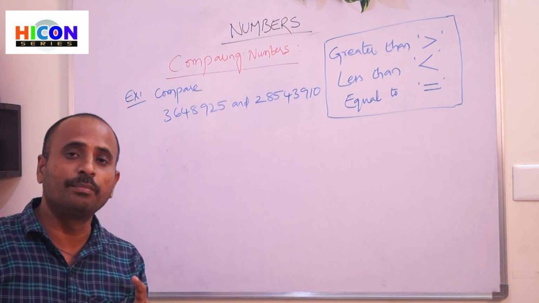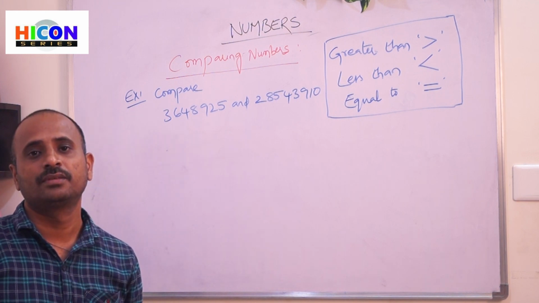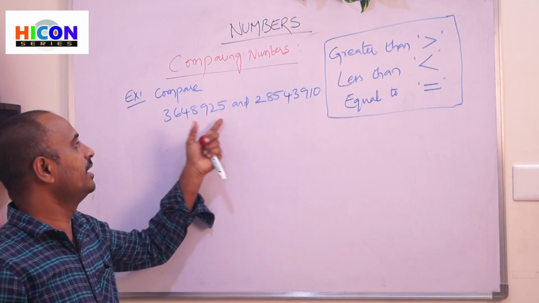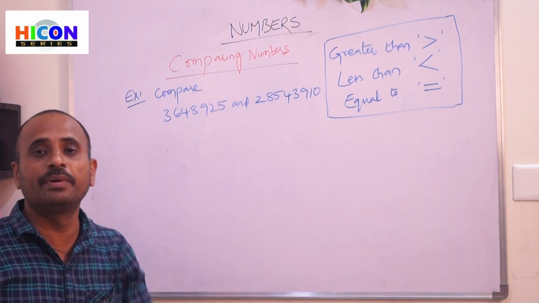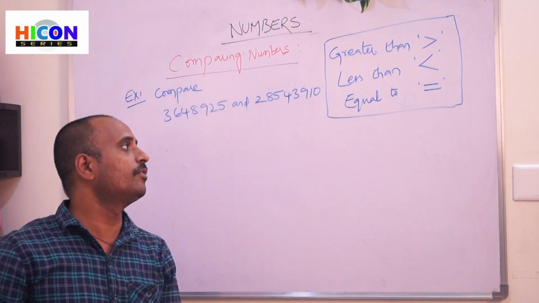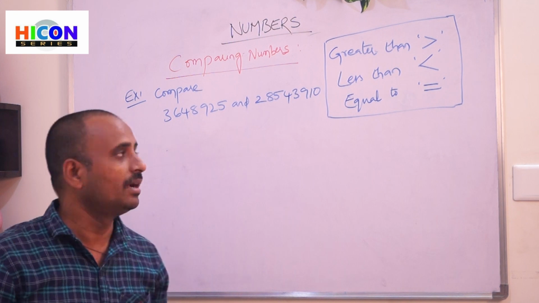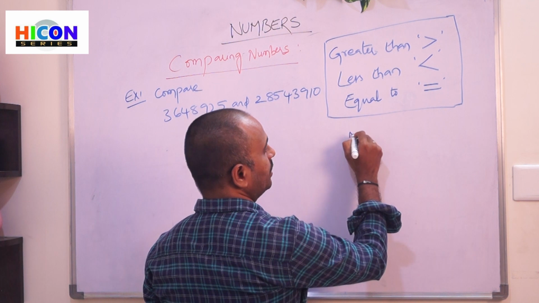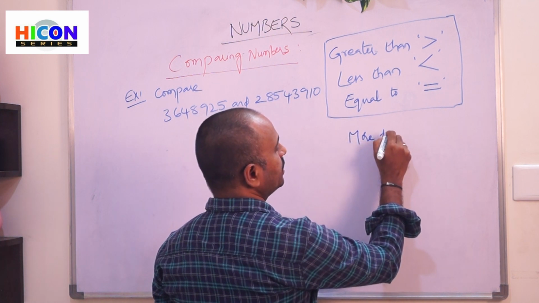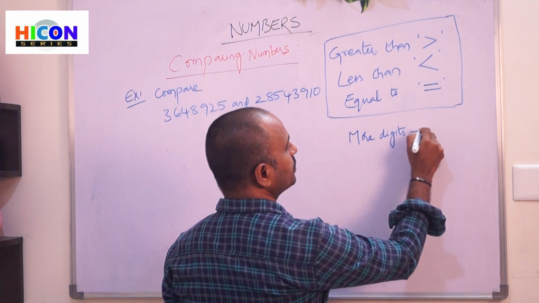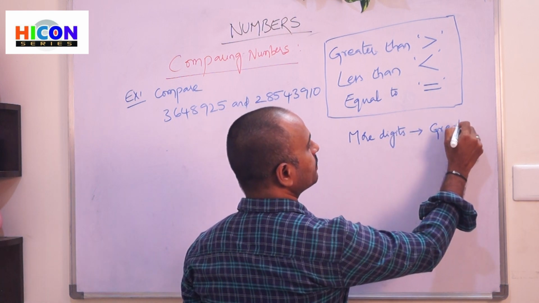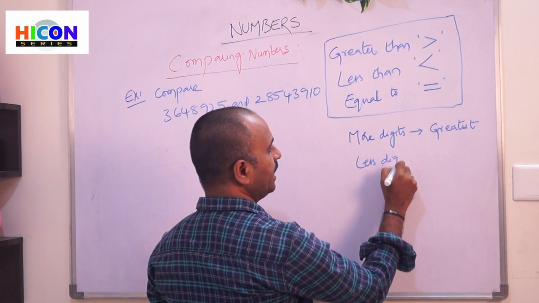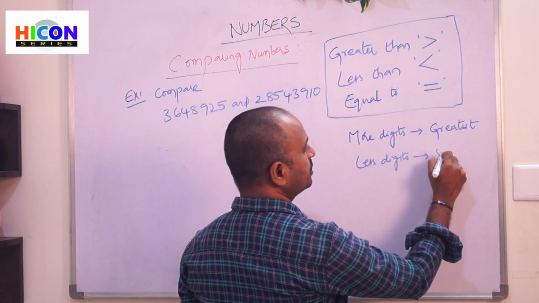The first rule is: if the numbers have a different number of digits, then the number which has more digits is the greater number, and the number which has fewer digits is the smaller number.